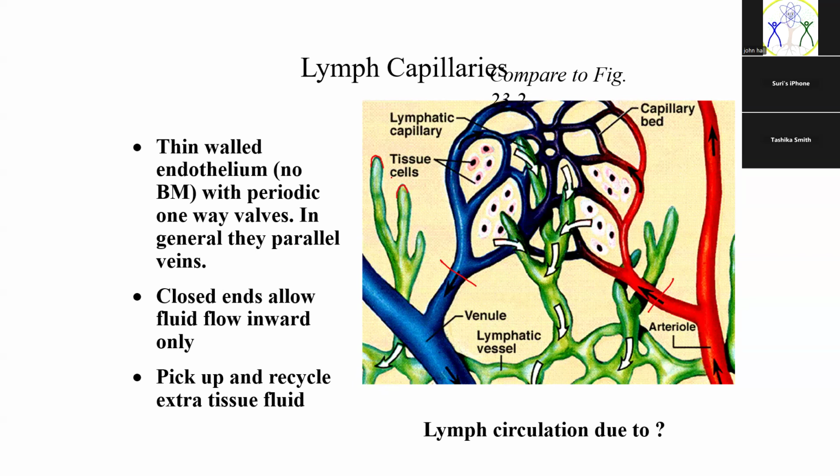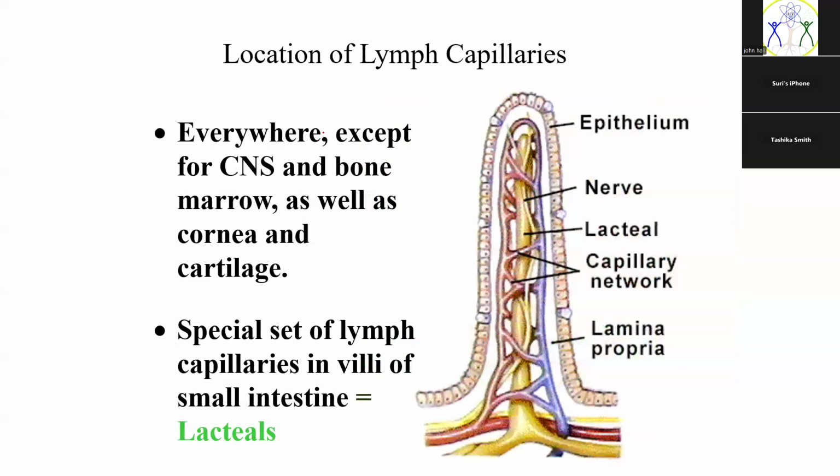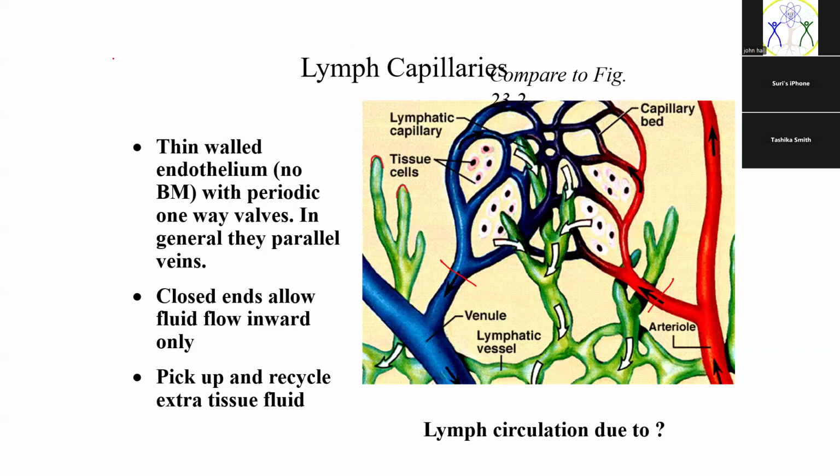So one of the things about the lymphatic capillaries is that the cells themselves overlap like this. So in the pouch, the cells are set up like this. Now, why do we need this to happen?